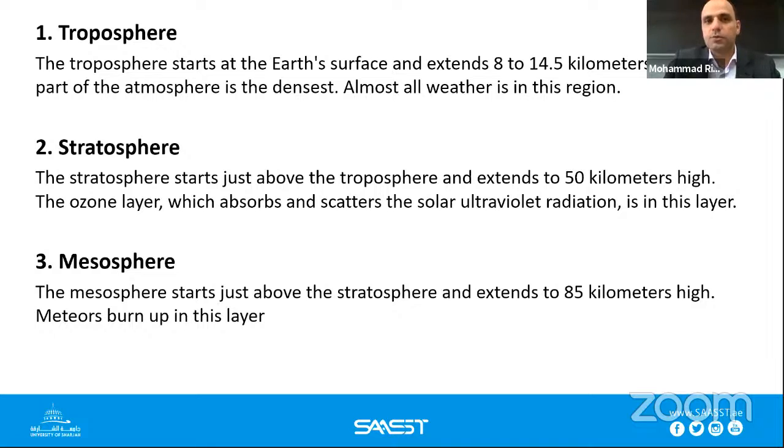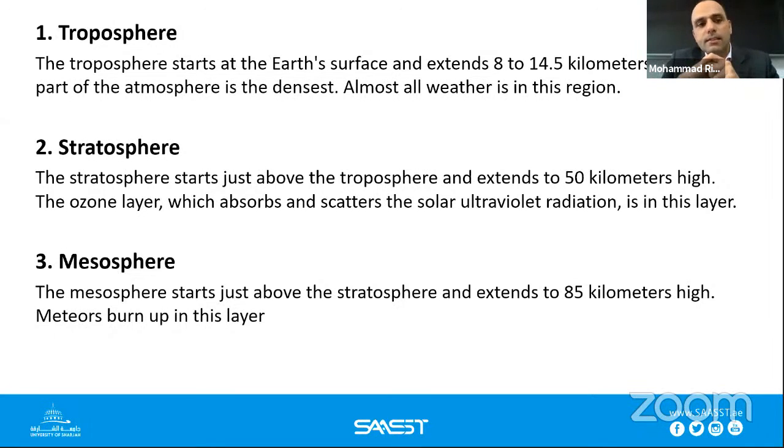This part of the atmosphere is compressed because gravity pulls the air down. Almost all weather conditions, all our climate, the cyclones, the rain, clouds, everything happens in this layer, the troposphere.